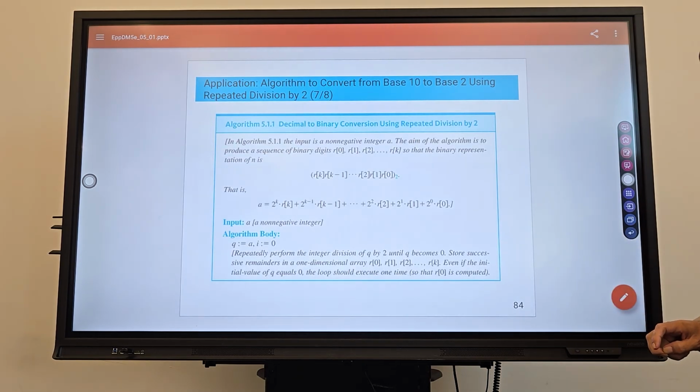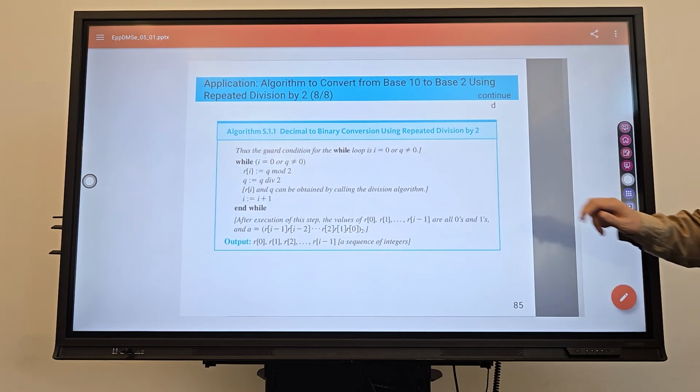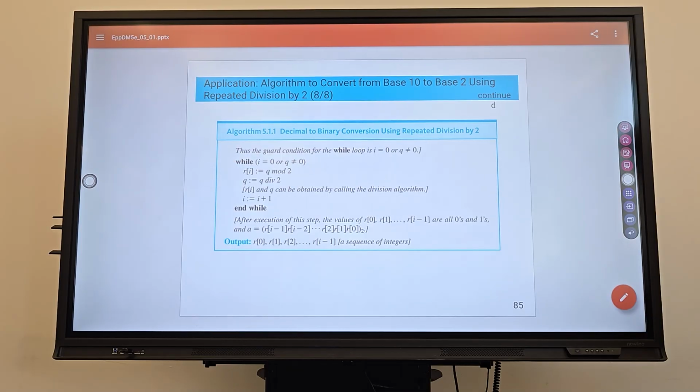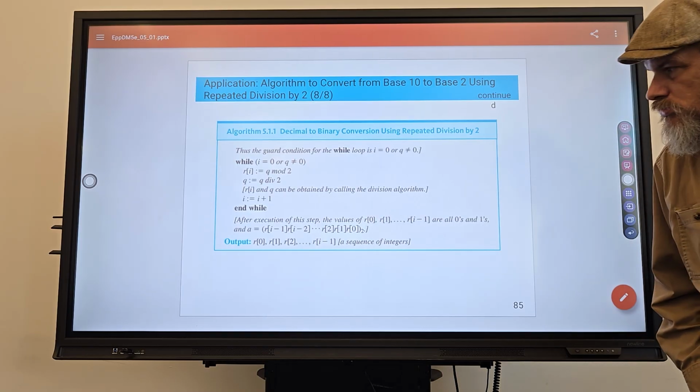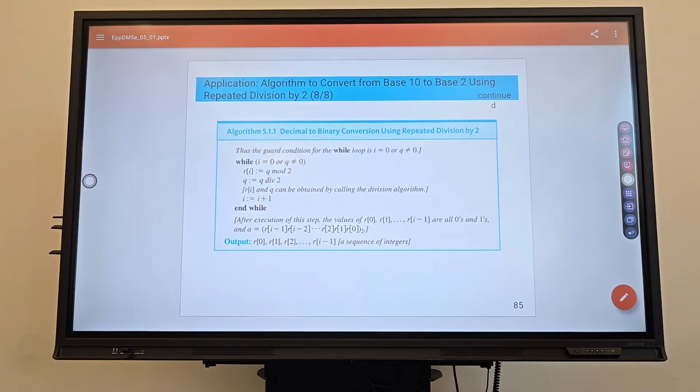And this is the algorithm that if you so choose, you can copy it, look it over and program it into a computer. These two slides here give the algorithm for creating a sequence of integers, which you can use to generate a string that would be the binary representation of a decimal number.